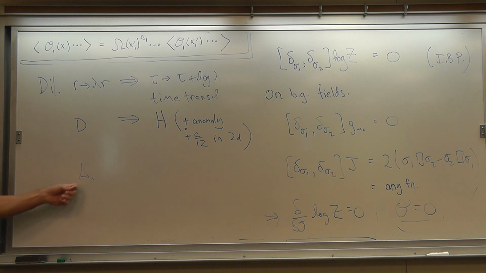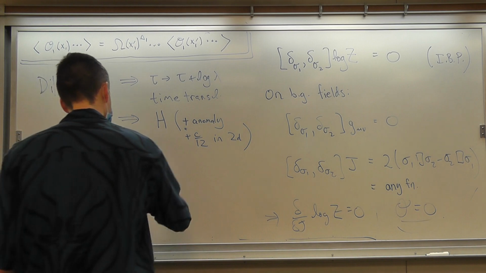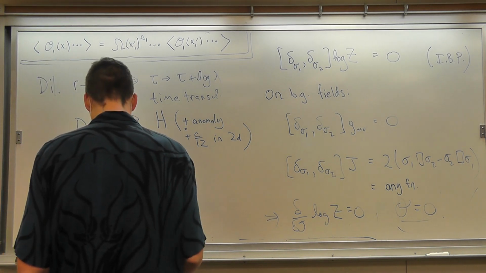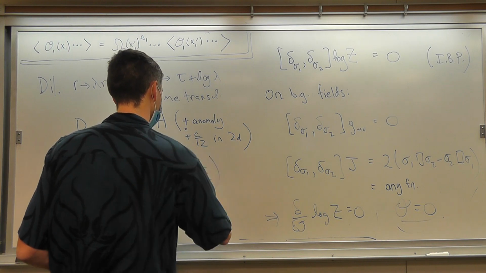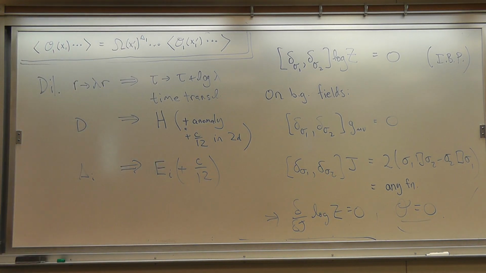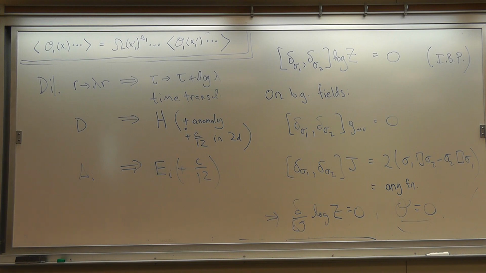So the scaling dimensions delta I become the energy levels E_I, plus the anomaly, which is plus c over 12. Sorry, did I get that right? Yes, okay. It's plus c over 12 in 2 dimensions.